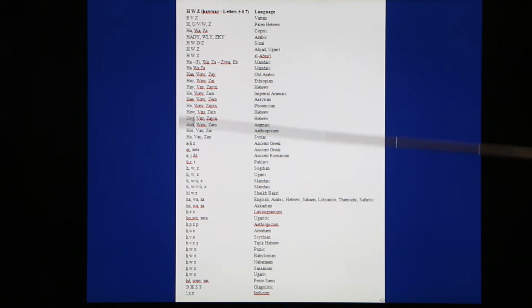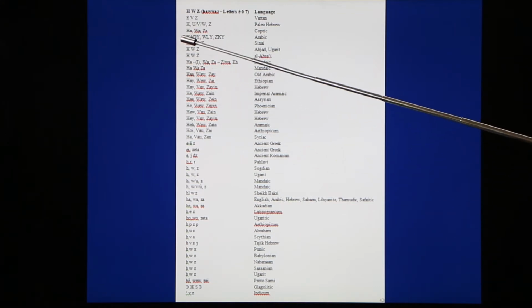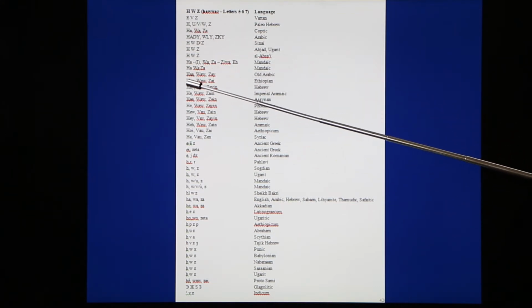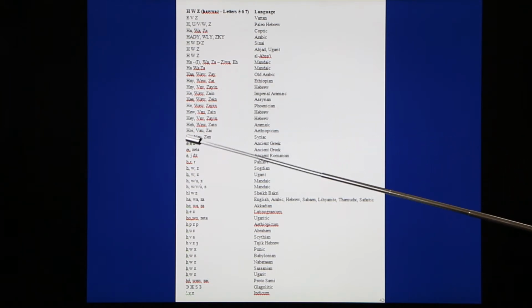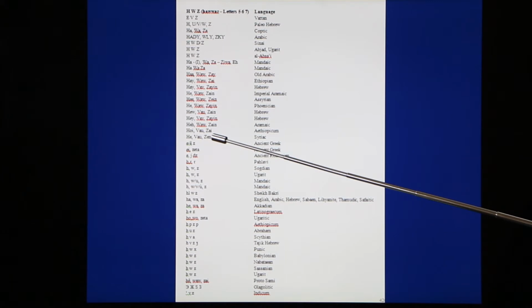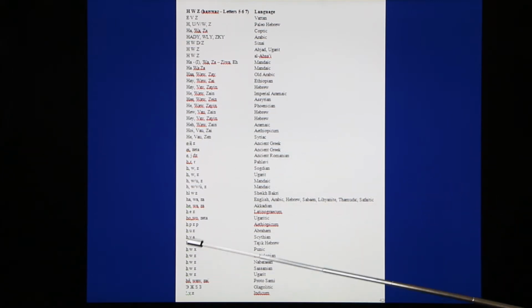For HWZ, again, a tremendous amount of alphabets, a number of ways of saying Hawaza, Havavzai, Havavzayin, Hoivavzai, Hoivavzen, sometimes HUZ, HVA, HWZ, and then the Russian ones.